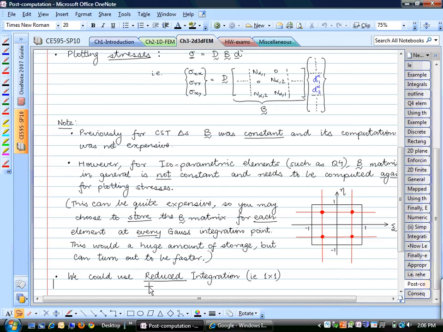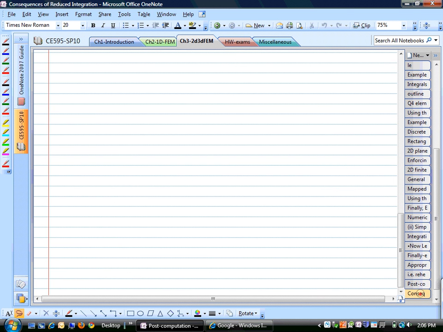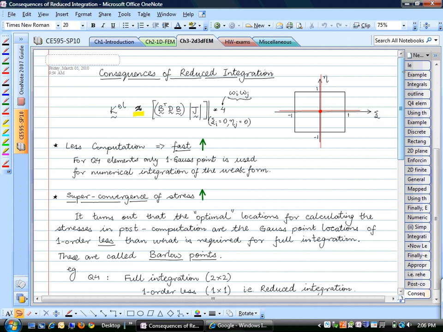So what are the consequences of using this reduced integration? If we use this 1 cross 1 Gauss quadrature, is that accurate enough? We know that it will converge in the limit, but is that accurate enough for big elements?